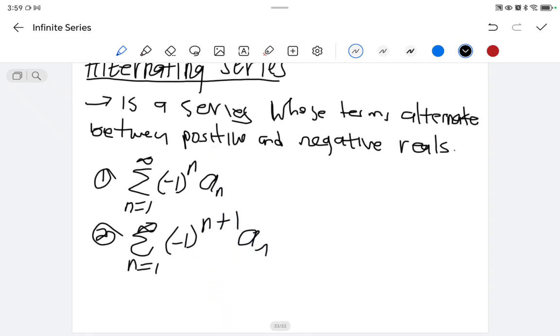We can have the summation n equals 1 of minus 1 to the n minus 1 a of n. You see, right? So we can have any type of sequence. So now we know this, right?